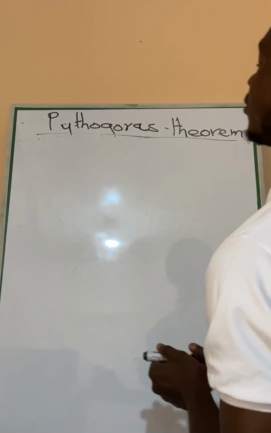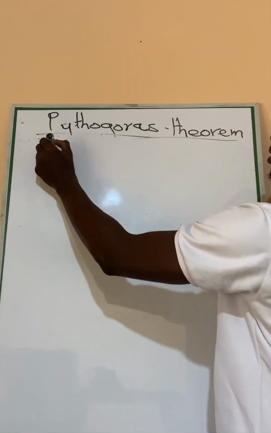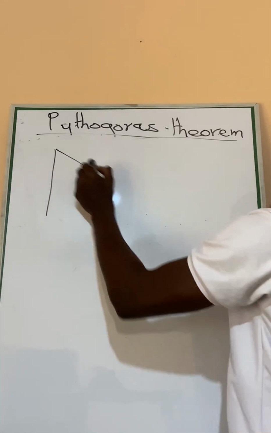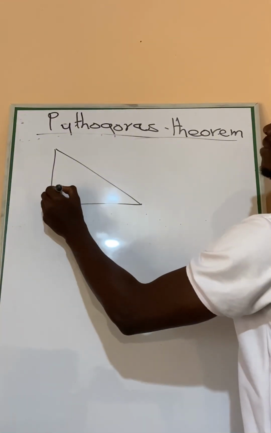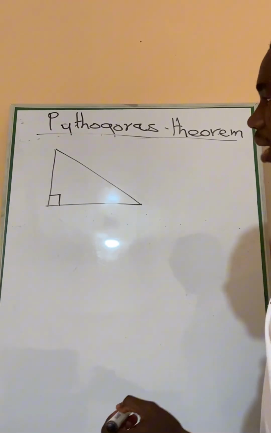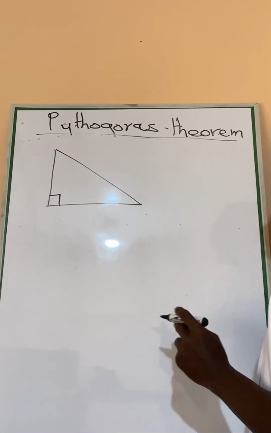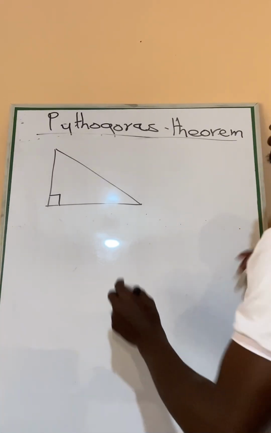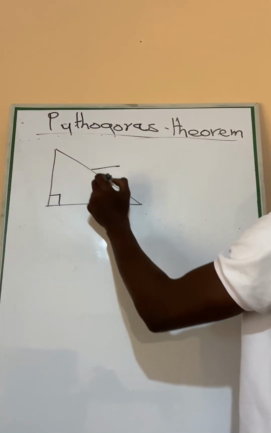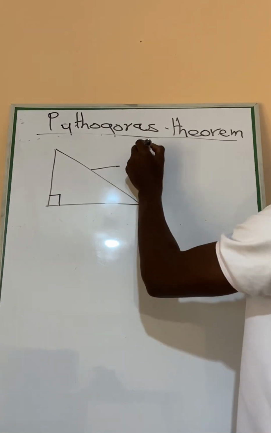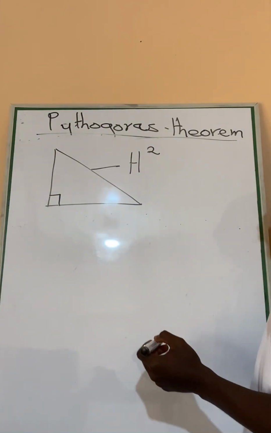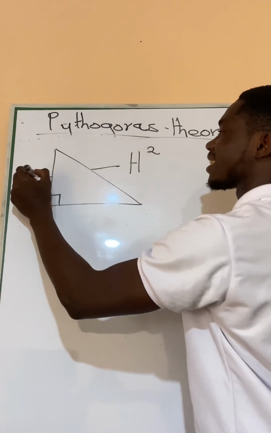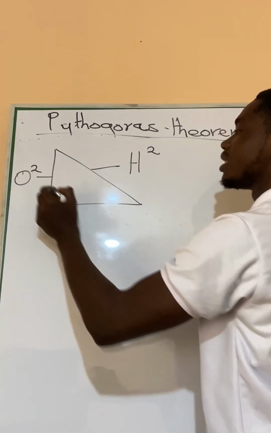Now let's dive straight into Pythagoras theorem, the actual theorem. The Pythagoras theorem states that in any given right-angled triangle, the square of the hypotenuse is equal to the sum of the squares of the other two sides.